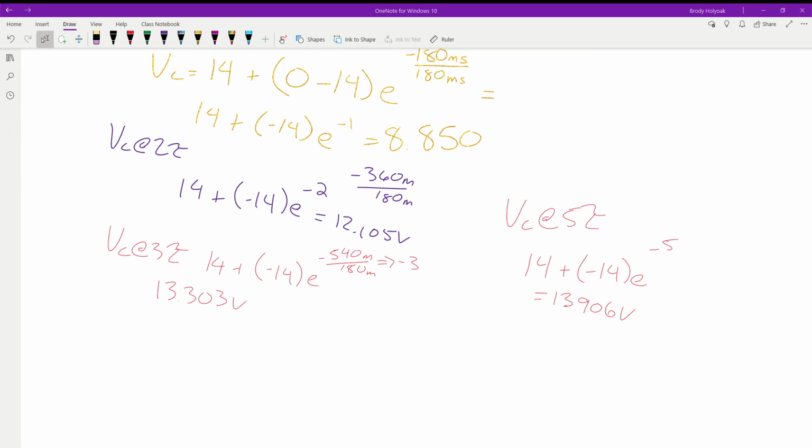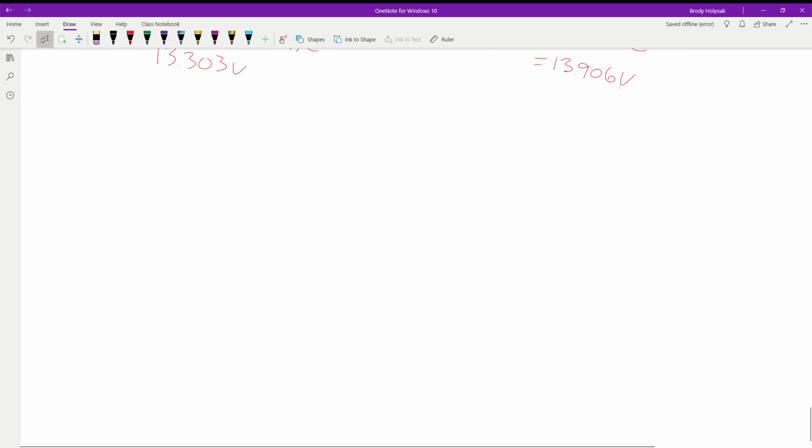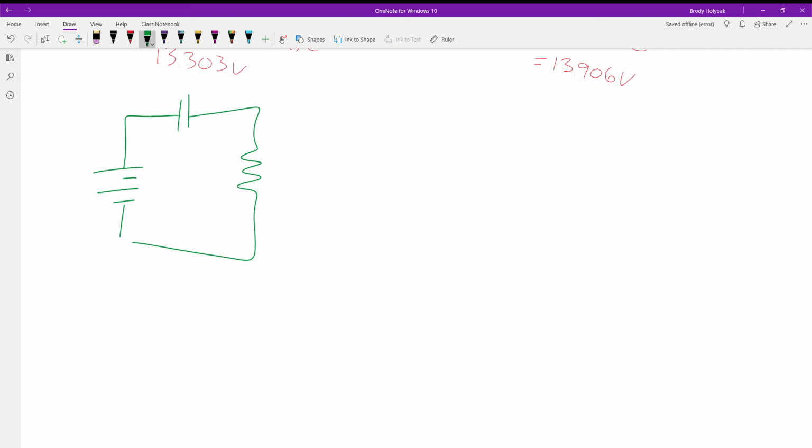Things like that. Okay. So here is a test, or here's a quiz question. I have this circuit. One of the things that we need to start understanding is that now I'm going to be looking at an output.